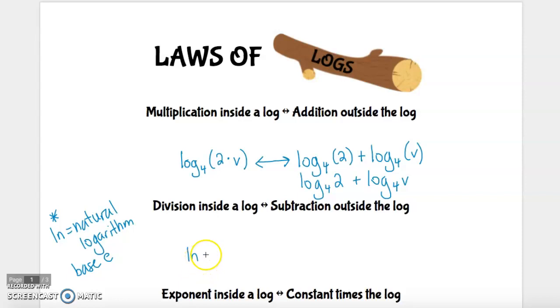So let's do division inside of a logarithm. Let's do m divided by r. If you have division inside of a logarithm, one way to manipulate it, when expanding, is to write the natural log of m minus the natural log of r.